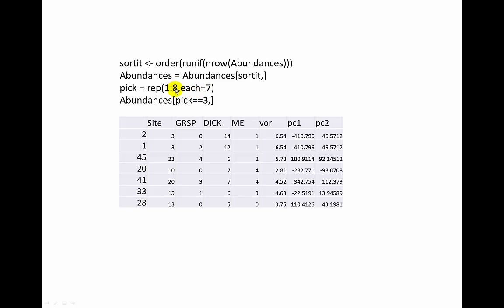And now you see why it's easy to choose eightfold cross-validation in this case. There's 56 data points, and so each of our folds will have 7 data points in it. Then we can simply say abundances pick equals 3 will pull out 7 of the rows in the data set that have been randomly selected from the data set as a whole. So that's the first step that we need to be able to do in order to do cross-validation.